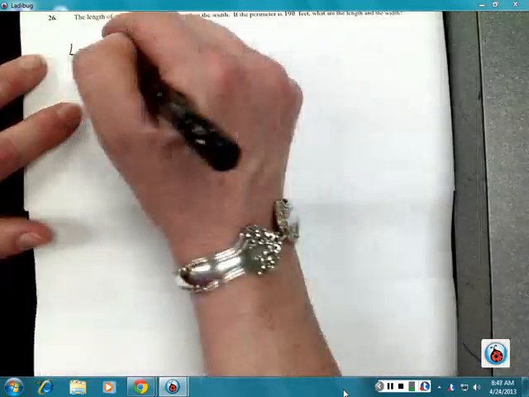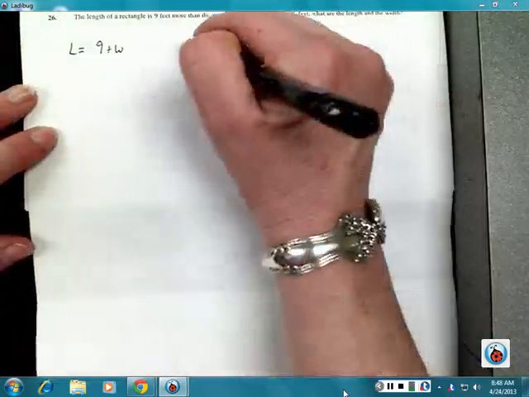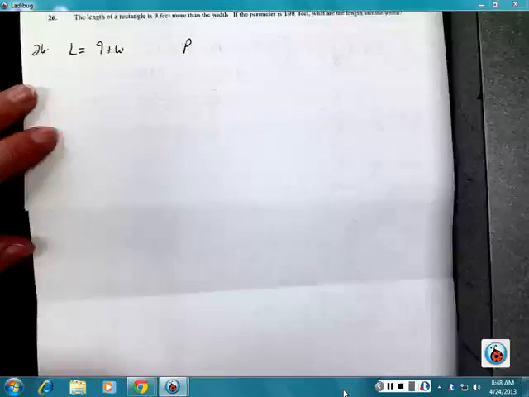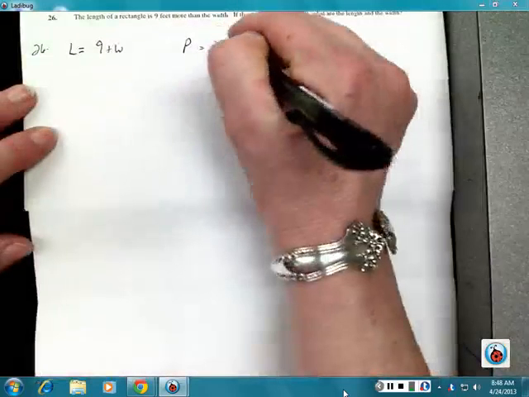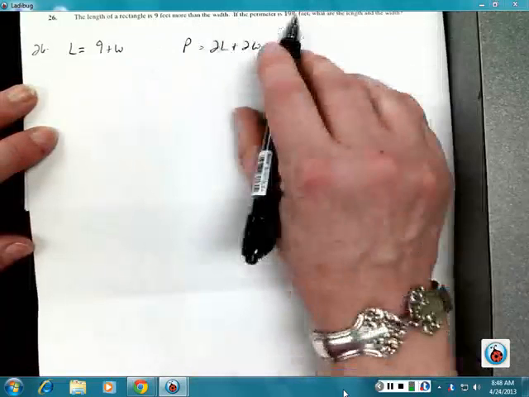What do we know? Well, we know the length is 9 more than the width, so 9 plus W. So L equals 9 plus W. What do we know about our perimeter? What's the perimeter formula? Yeah, 2L plus 2W. Well, we know our perimeter is 198.